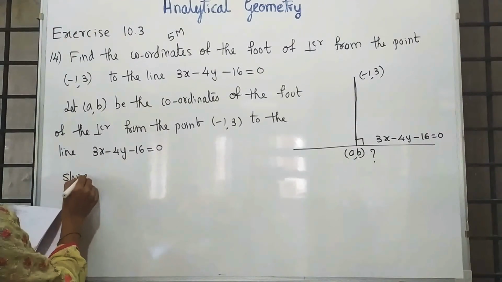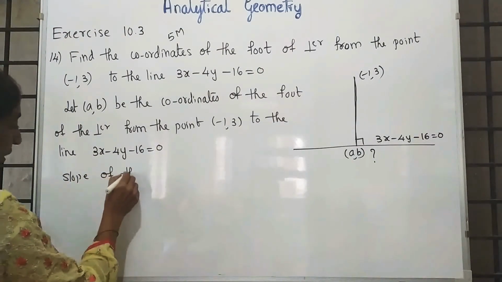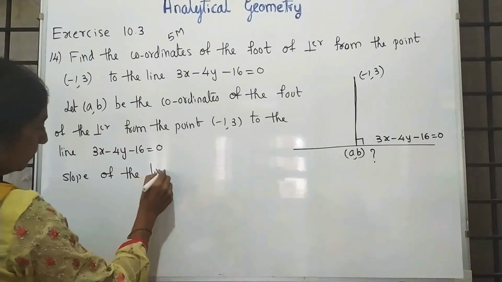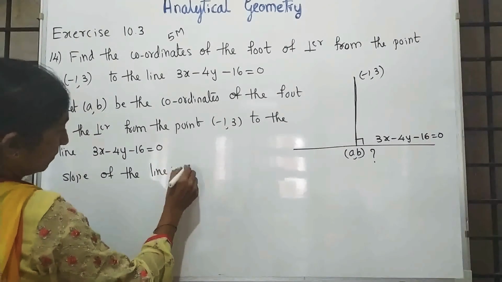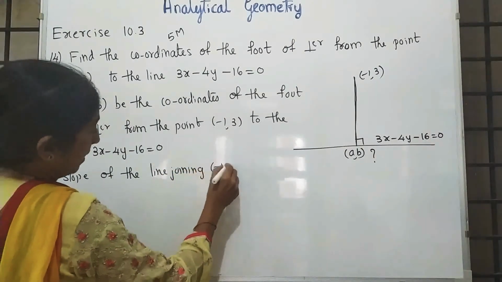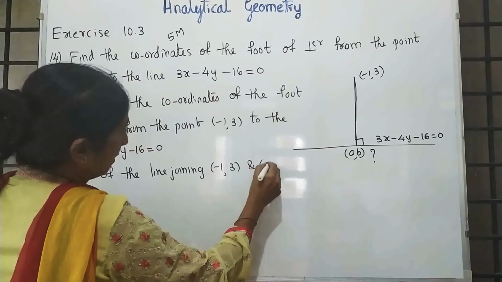Now, what is the slope of the line joining (minus 1, 3) and (a, b)?